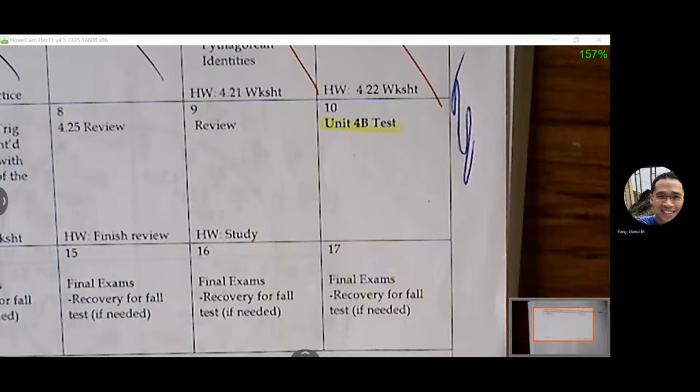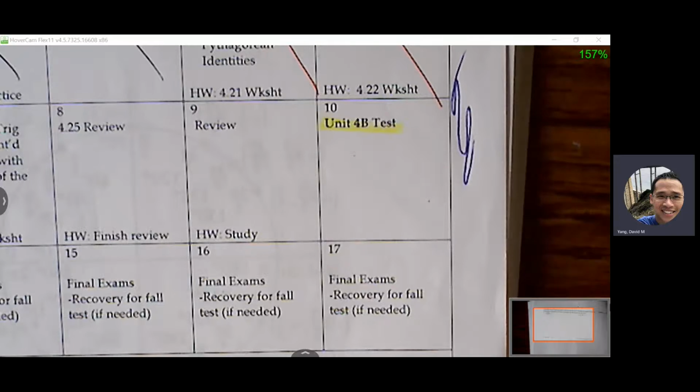Okay, so try to get 2x by itself, and then we can divide that out. Okay. All right, is anybody still looking at number 6?